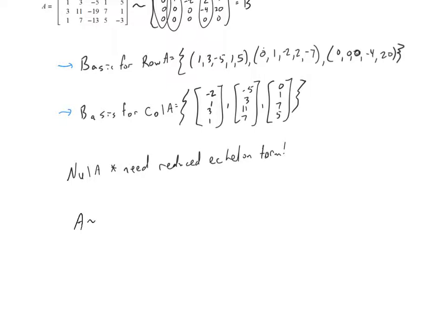The original matrix A is row equivalent to B, which is row equivalent to C, which looks like this. 1 with 3 zeros, and then 0, 1, 0, 0, and then 1, -2, 0, 0, and then 0, 0, 1, 0, and then 1, 3, -5, 0, 1, and this is a 1 there. There we go. Okay, so that is my reduced echelon form.